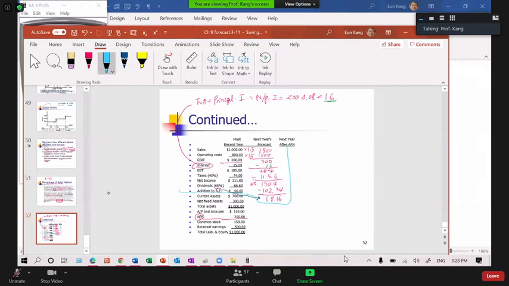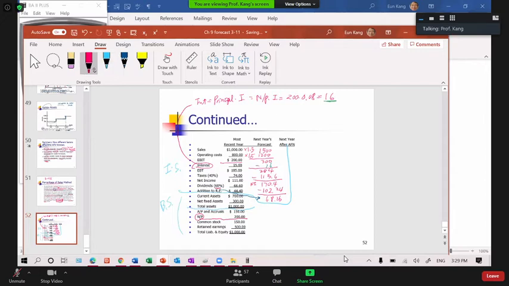Because of space, it should be left and right, but it's stacked like this. Until here is actually the left-hand side. After that is the right-hand side. So let's continue.